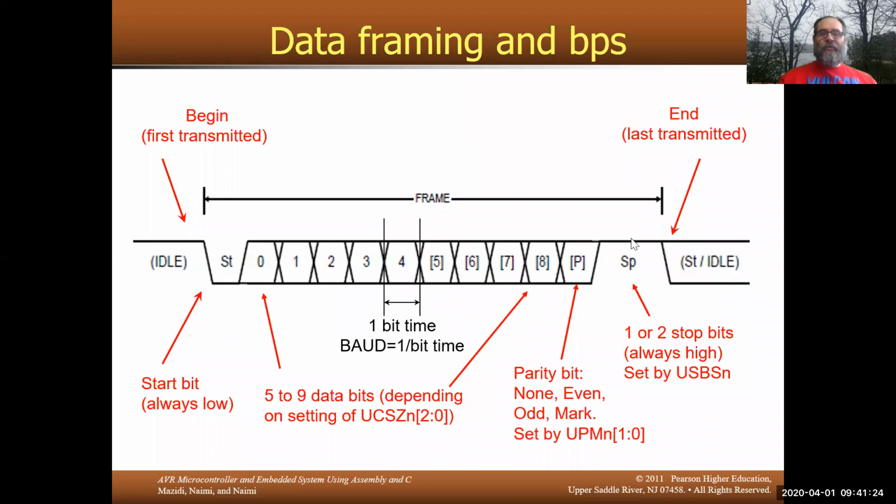From the start bit to the stop bit or bits is called a frame. After that character is transmitted, it will either idle as a high, or there will immediately be another start bit, depending on how fast data is coming. The time of 1 bit is a bit time, or the reciprocal of that is known as the baud rate.